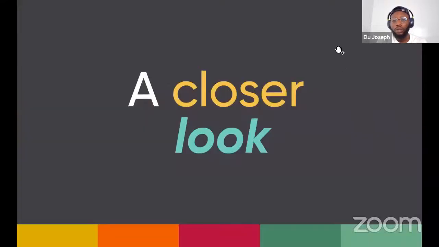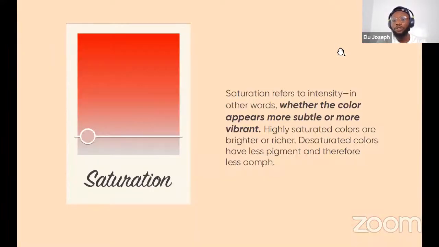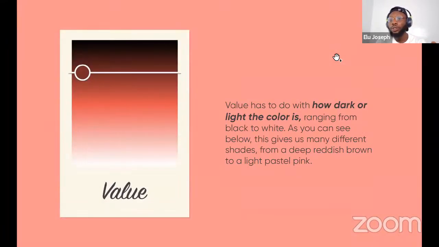And we also took a closer look at hue, which is another word for color, saturation, which just tells you if a color is more subtle or more vibrant, which is highly saturated or desaturated. Then we talked about value, which shows you how dark or how light the color is.